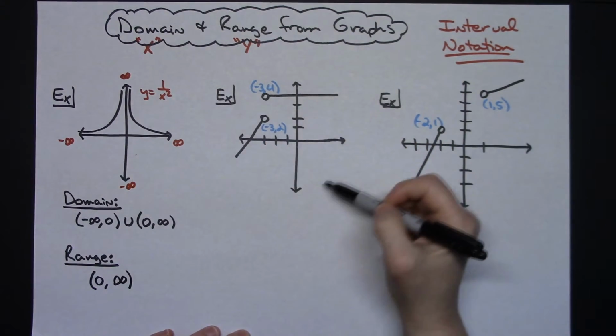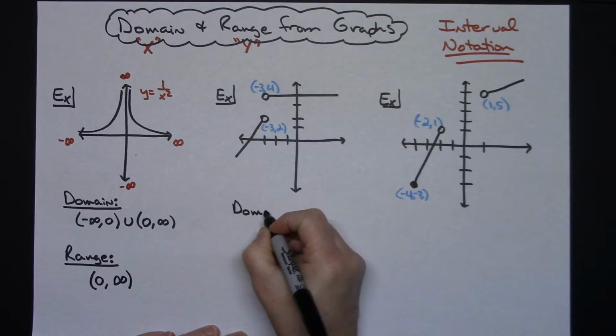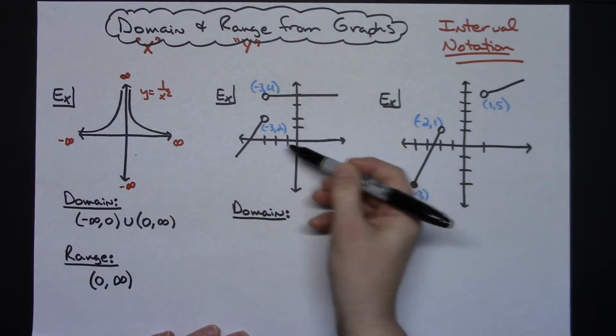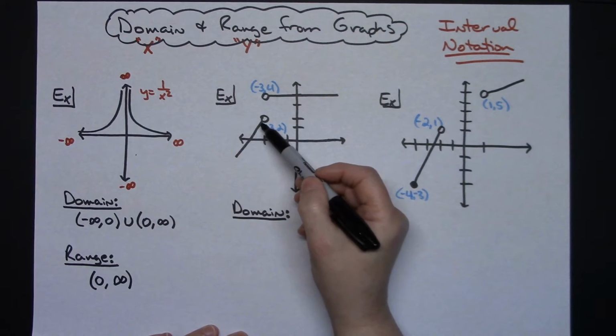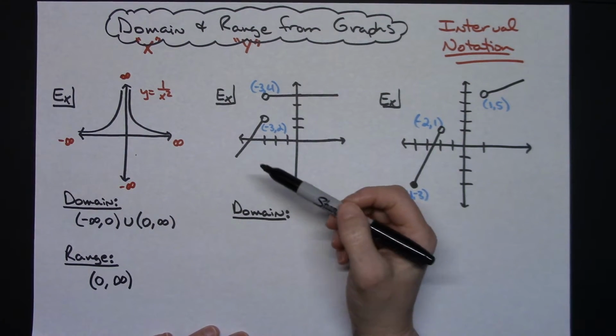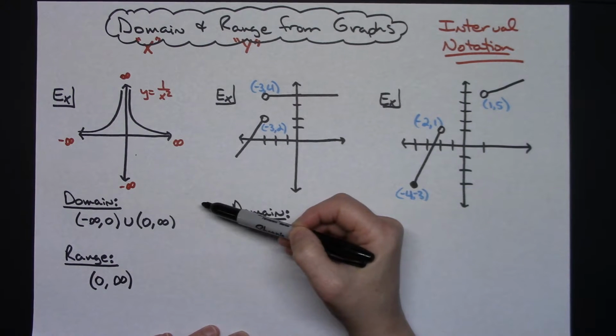Now for our second example here, I think I'll start with domain again. Along this left to right x-axis here, I do not have arrows on the ends of these, but I also don't have solid dots. So when I draw a graph like that, I'm meaning that it goes on forever and ever in that direction.